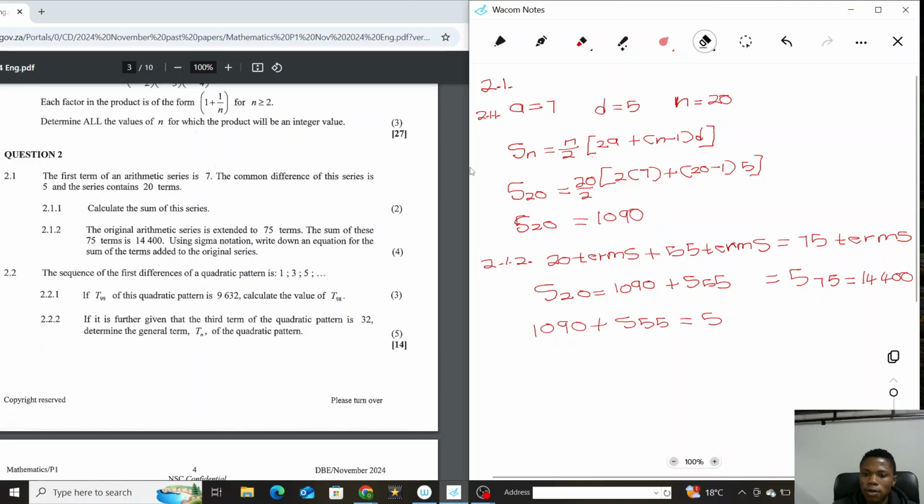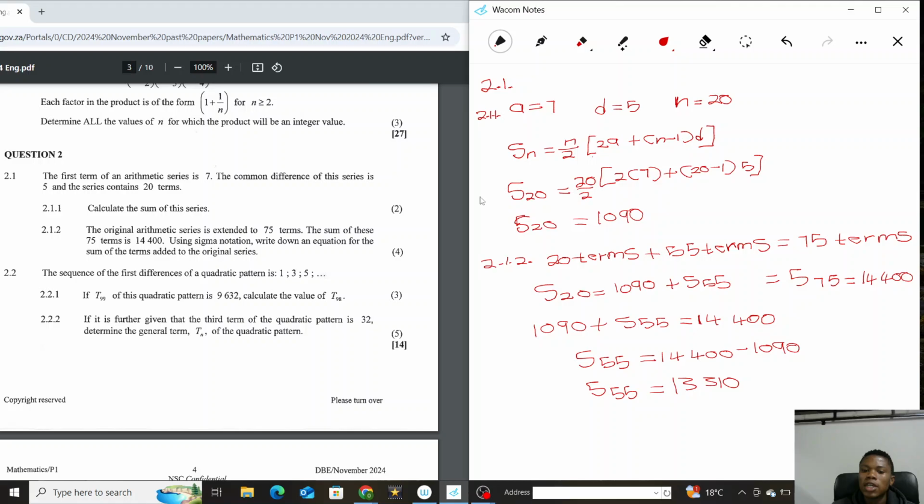If we take this number to that side, we get the sum of 55 terms as 14,400 minus 1090, which means the sum of 55 terms is equal to 13,110. This is the sum of the 55 terms.